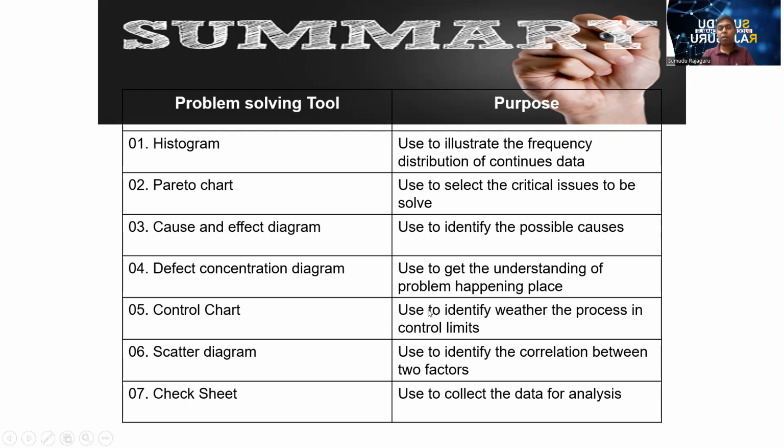You can remember, if we have main samples only, we do the normal control chart. If we have main samples and subsamples, we draw the X-bar chart and R chart. Scatter diagram, used to identify the correlation between two factors. Check sheet, used to collect the data for analysis. Whatever format you prepare is based on your requirement.